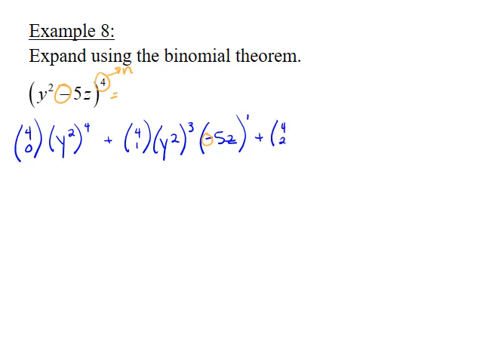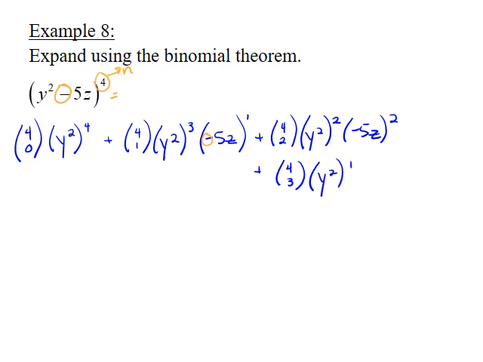Plus 4 choose 2. Y squared to the power of 2 times negative 5z squared, plus 4 choose 3 y squared to the first negative 5z cubed, plus 4 choose 4, oh, this one goes away.